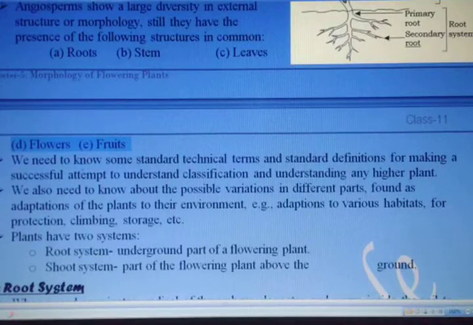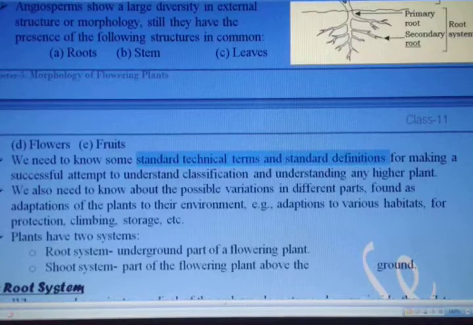Earlier I had mentioned that we need to understand some of the technical terms and the standard definitions for making an attempt, or a successful attempt, to understand classification, and also the internal and external characters of the plant. Here in this chapter we are discussing morphology, that means external structure. Later on, in the next chapter, we will be studying anatomy.